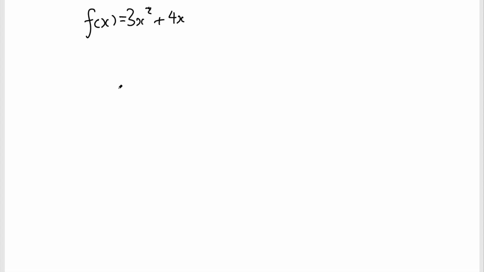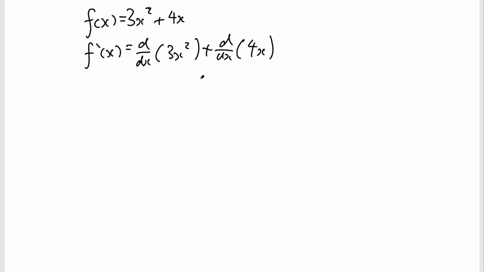If we were to take the derivative of this function, which we'd commonly write as f dash x, this is equivalent to saying f dash x is now equal to the derivative of 3x squared plus the derivative of 4x. Which, using the power rule as stated previously, we know that this is now 6x plus 4.